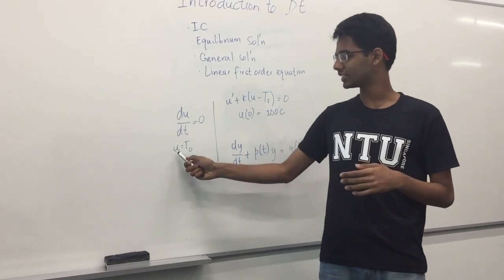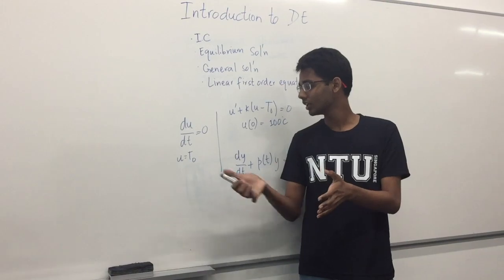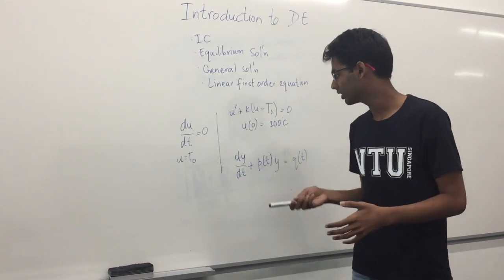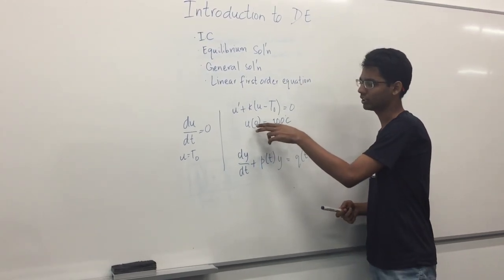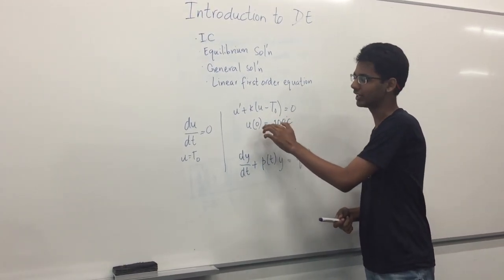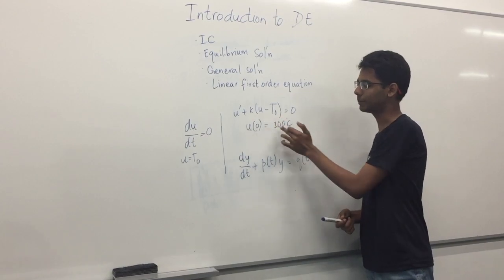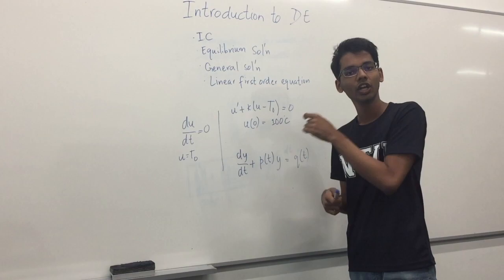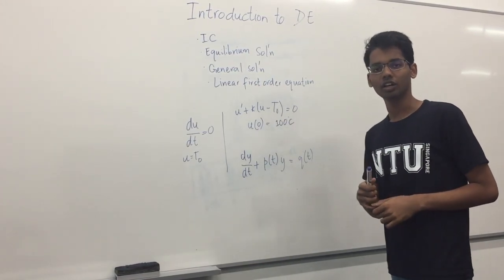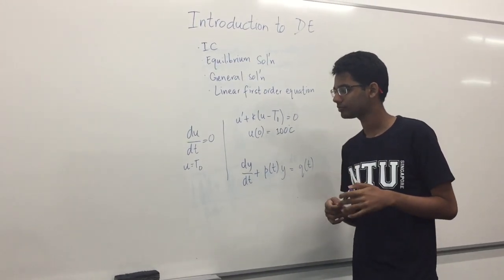At that time, the temperature of that body is T naught. Of course, when you solve it later on, you'll know that it's just 100 degrees, since at time 0 the temperature is 100. So T naught is equal to 100 degrees Celsius. You would know when you substitute while solving the differential equation.